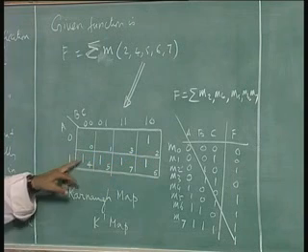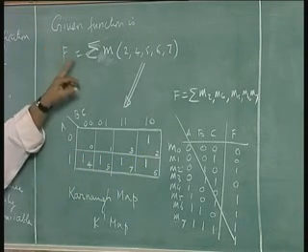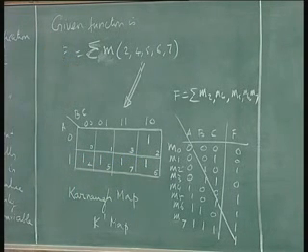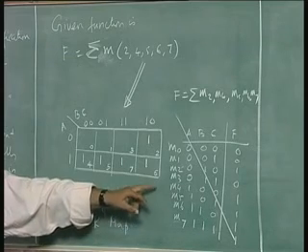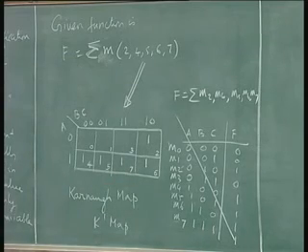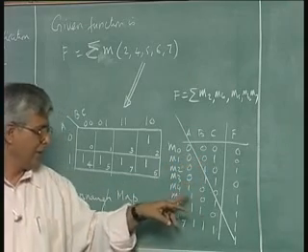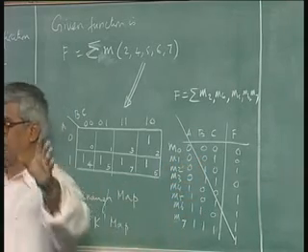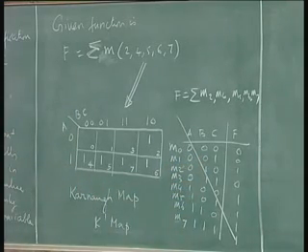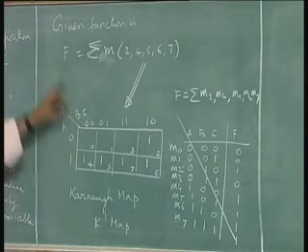So this is the K-map of the given function, which can also be expressed as a sum of products: A bar B C bar plus A B bar C bar, plus the 5 terms we wrote yesterday. Do you understand what I am saying? So this is the K-map and this is the function.